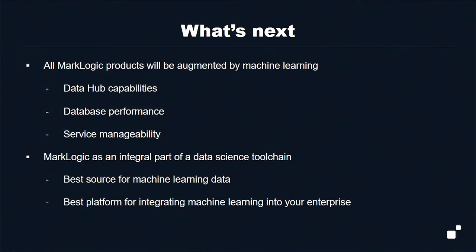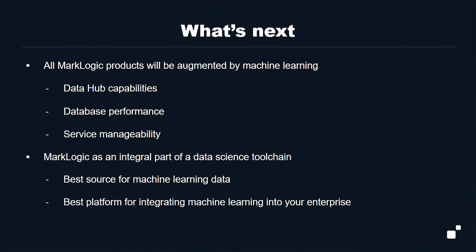Let's talk about what's next. So our plan is to expose, exploit, and enhance all of our products with machine learning. Brand new capabilities for the data hub, database performance, and service manageability all can be enhanced by using machine learning to uncover those patterns.